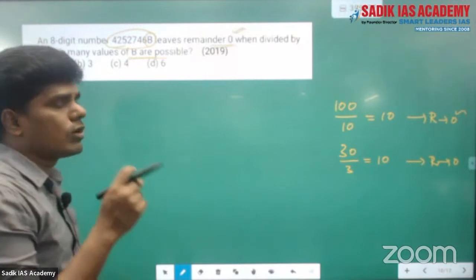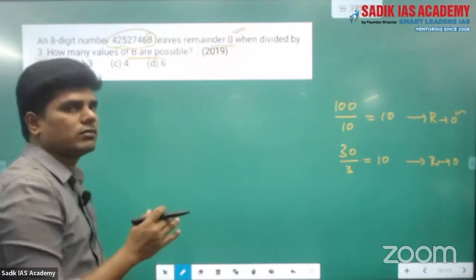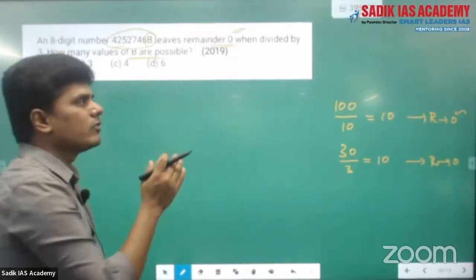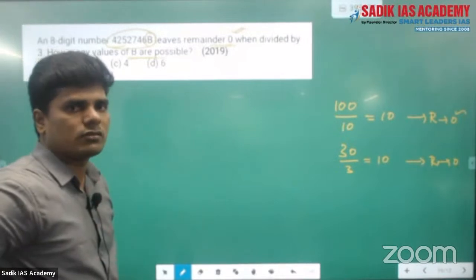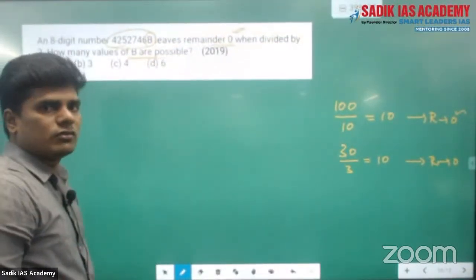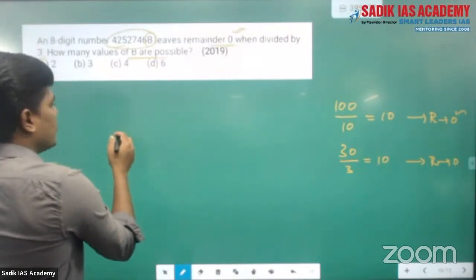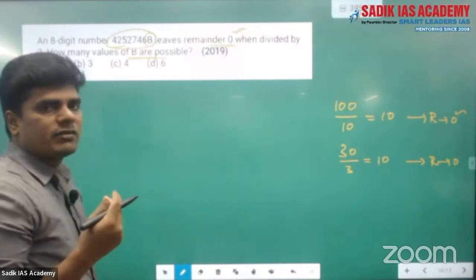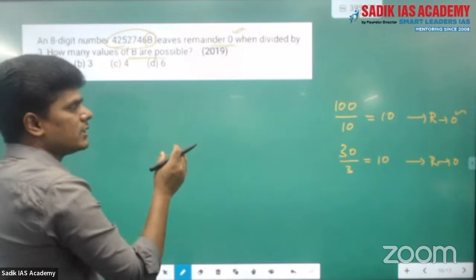Here you should know one rule to answer this question. If you know that result, it is going to be easy, or else you cannot solve this question. This is a 2019 UPSC CSAT question. So what is that rule? If I want to say some number is divisible by 3, its sum of the digits needs to be divisible by 3.